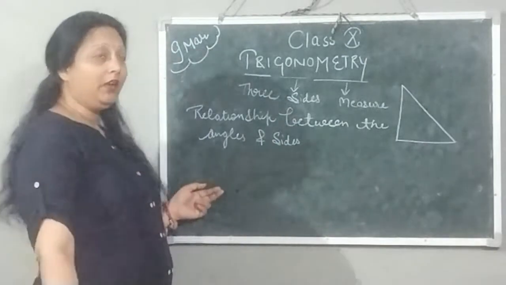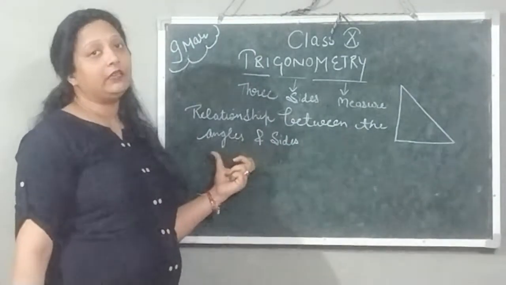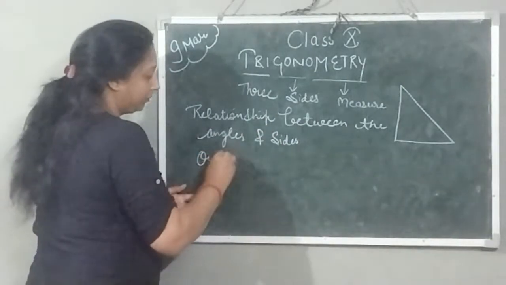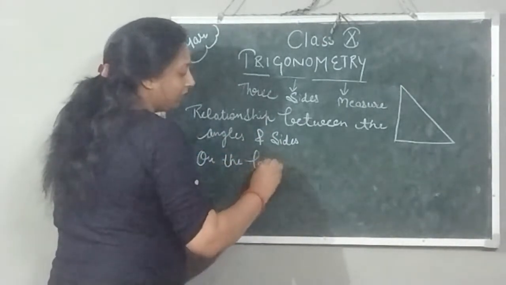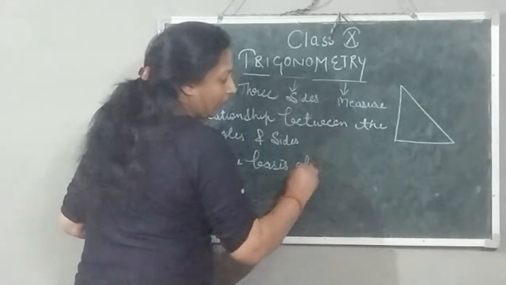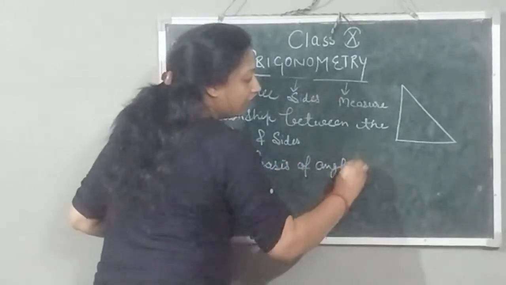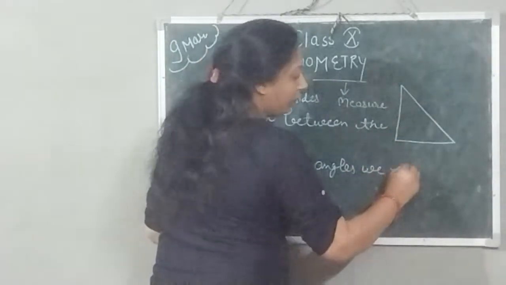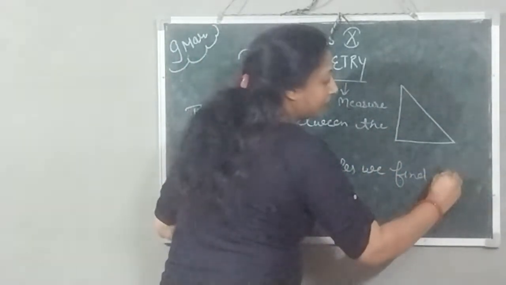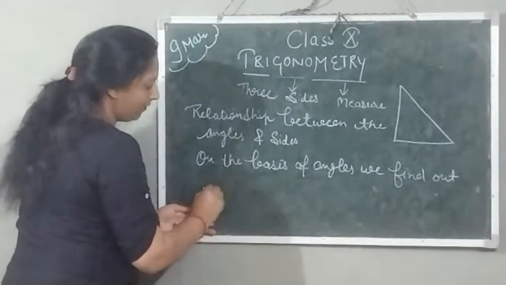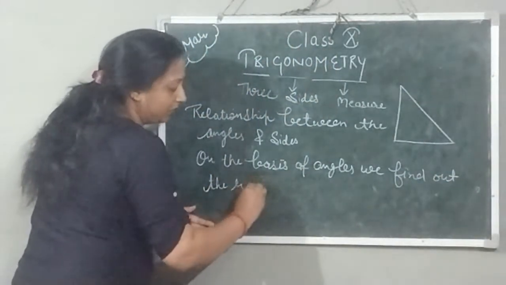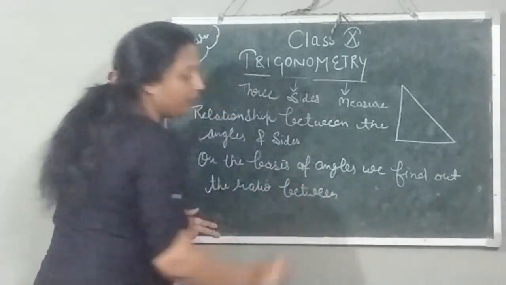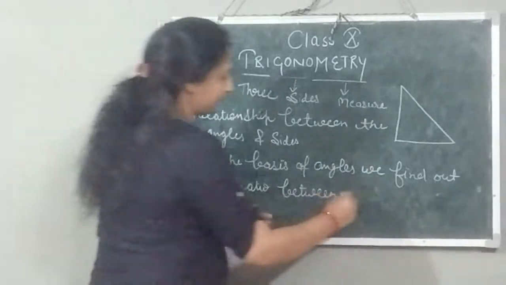Or you can say, on the basis of the angles, we can find the ratio of the sides. On the basis of angles, we are going to find out the ratio between its sides.